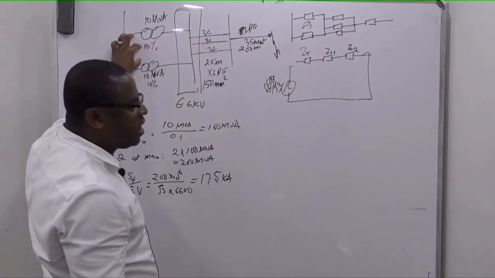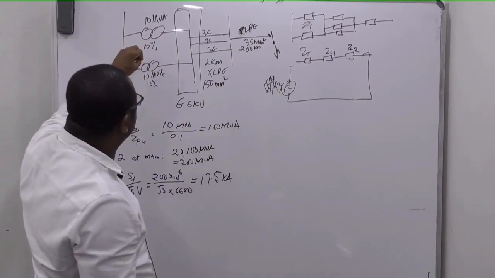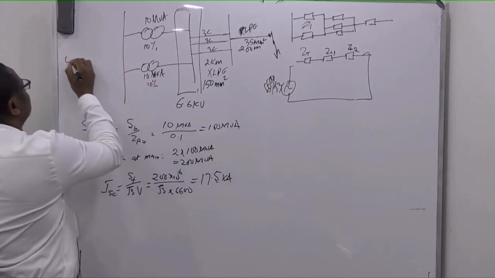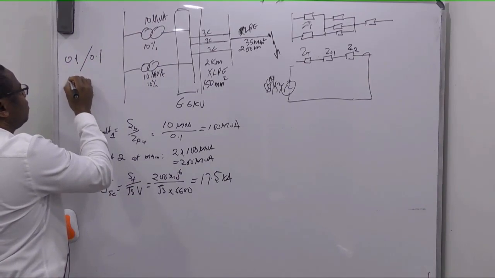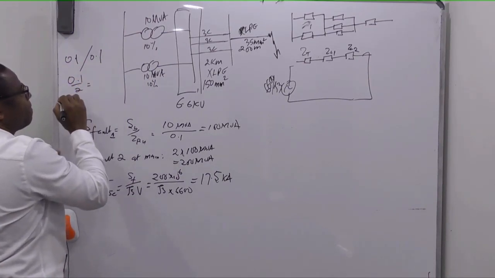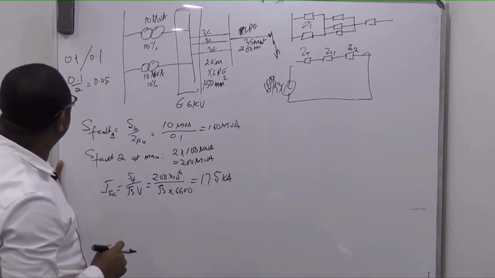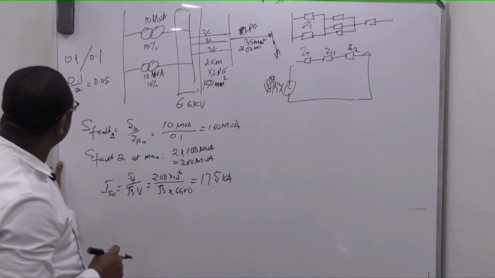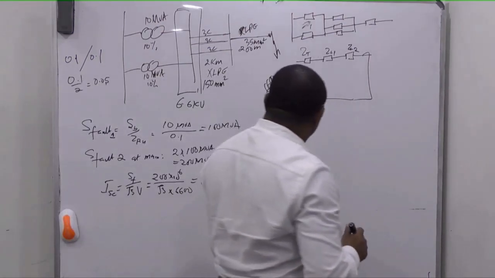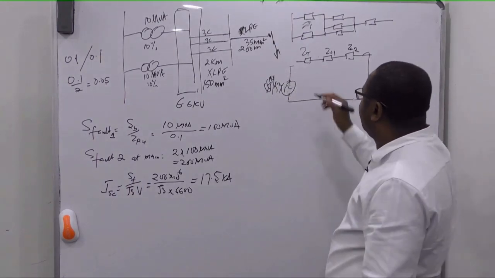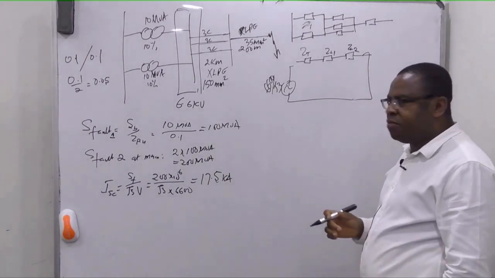The transformer impedance is in per unit, so if you parallel them, 0.1 parallel 0.1 gives you 0.1 over 2, which is 0.05. That is the impedance in per unit, so you can convert that to ohms.